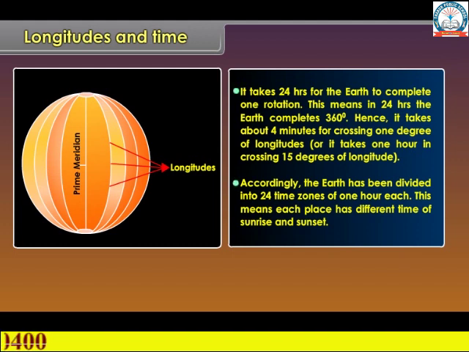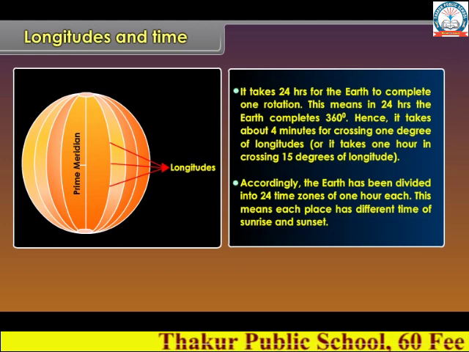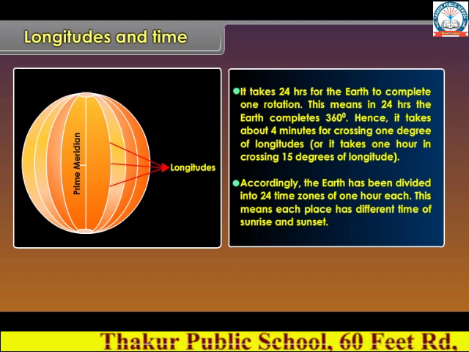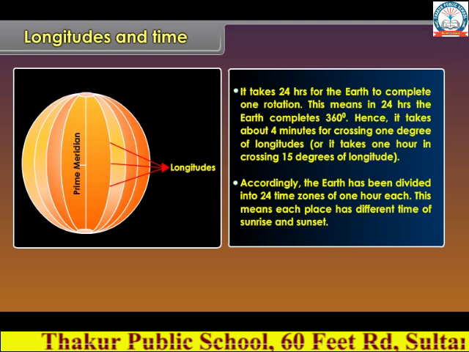This means in 24 hours the Earth completes 360 degrees. Hence, it takes about 4 minutes for crossing 1 degree of longitude, or it takes 1 hour in crossing 15 degrees of longitude.